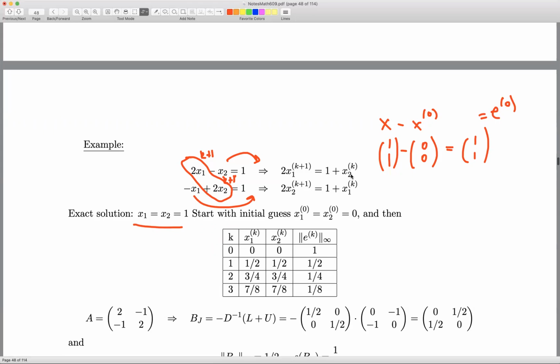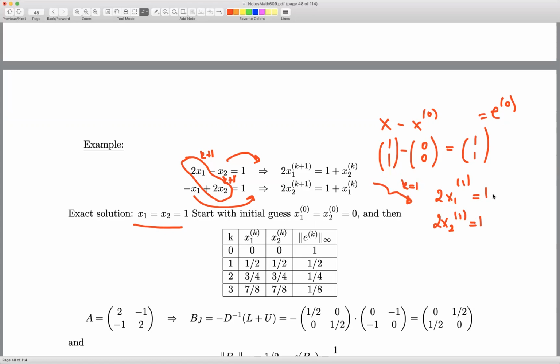Then after the first iteration, when k is equal to 0, those components will be 0, 0. So we will have 2 x1,1 equal to 1, and 2 x2,1 equal to 1. This is the Jacobi iteration for k equal to 1.